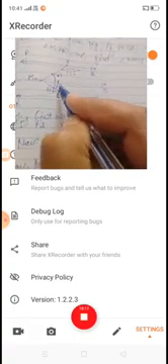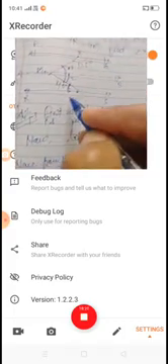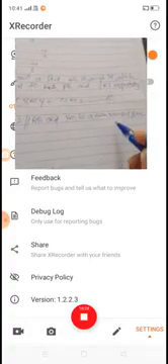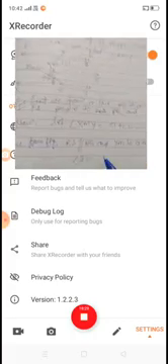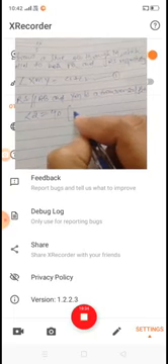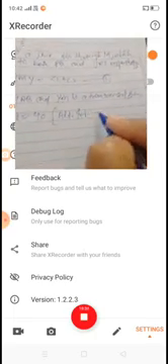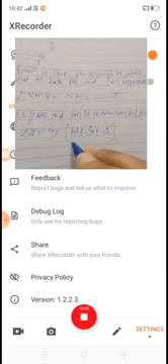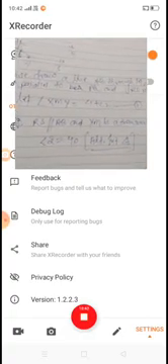These are a pair of alternate interior angles, and we know from the previous section that alternate interior angles are equal to each other. Angle 2 is equal to 40 degrees.